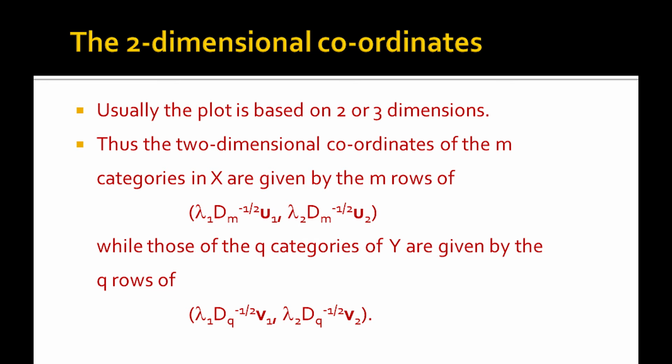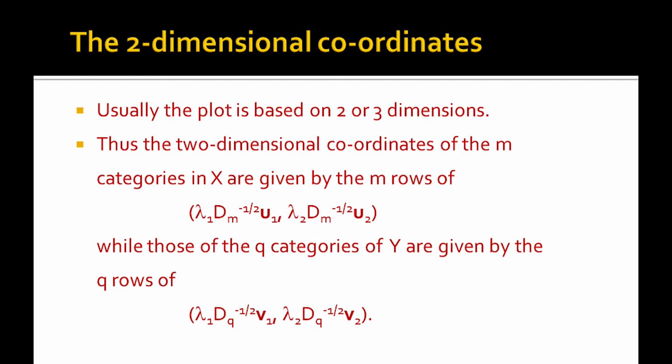Again, Dq is of dimension q. So this becomes a matrix of dimension q by 2. The 2 elements in the first row would give us the coordinates of the first category of y. Similarly, the second row would give us the coordinates of the second category, and similarly the qth row would give us the coordinates of the qth category.